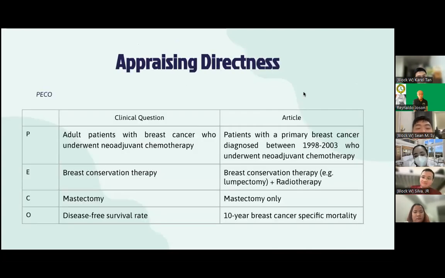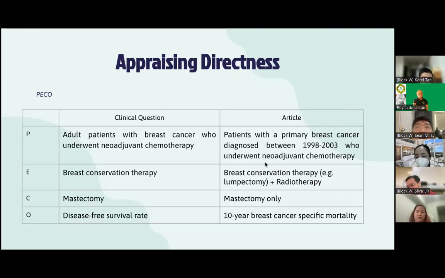So to appraise the directness of the study, we compared the PECO that we came up with and the PECO of the article. The population that the article featured was patients with primary breast cancer diagnosed between 1998 to 2003 who underwent neoadjuvant chemotherapy. The exposure was breast conservation therapy plus radiotherapy. The control was mastectomy only, and the outcome was 10-year breast cancer specific mortality.